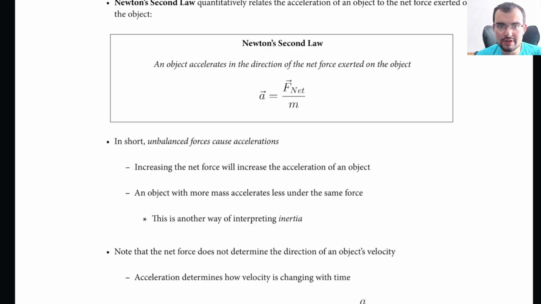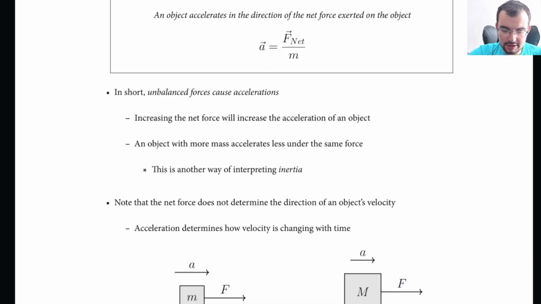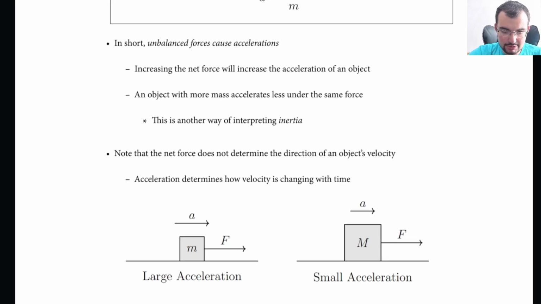And that encodes the fact that mass represents this sort of inertial mass that represents an object's resistance to changing its velocity. So, increasing the net force on an object will increase its acceleration, and an object with more mass will accelerate a lower amount under the same force, and that's just another way of thinking about inertia.